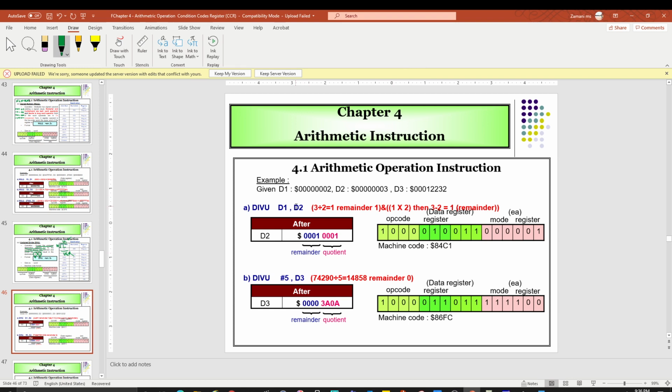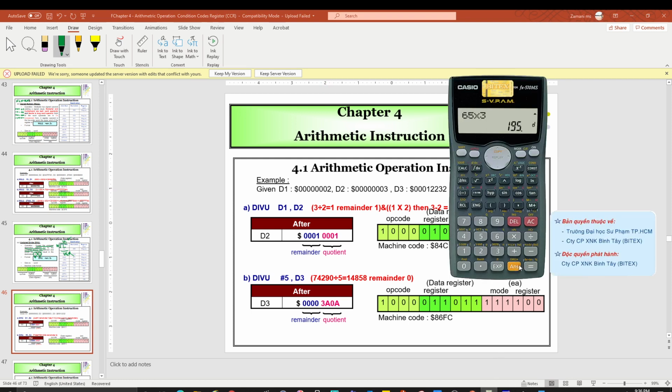Okay, now D2 divided by D1. So the long word is going to be divided by D1. D2 is this whole long word 3, divided by D1. D1 is given by 2. So what you can do now is just change to the hexa mode.